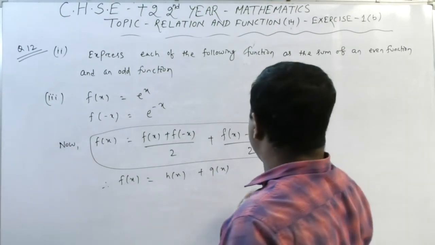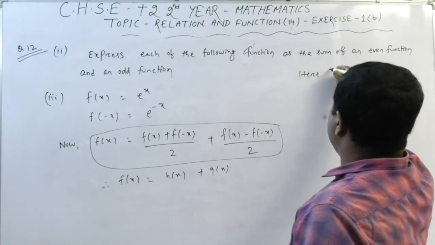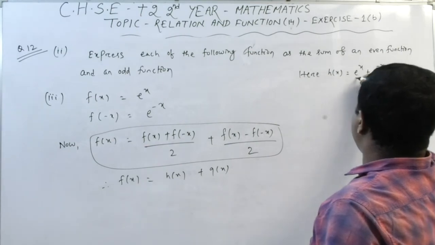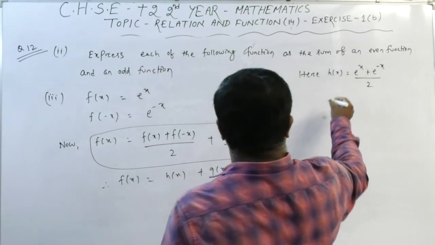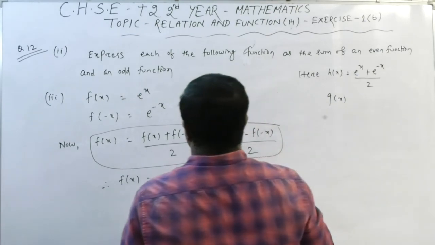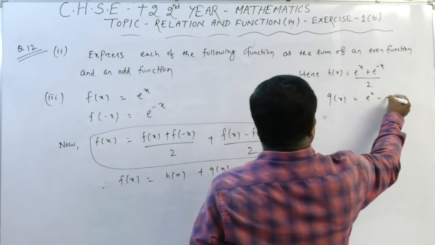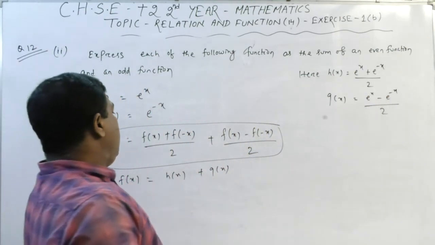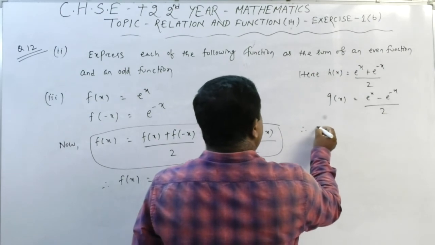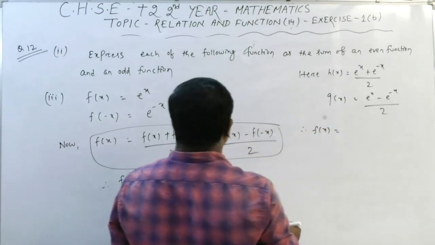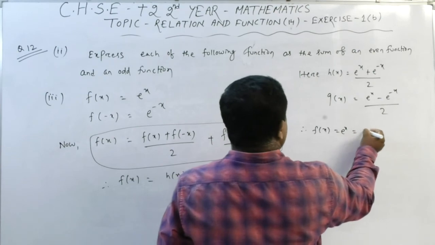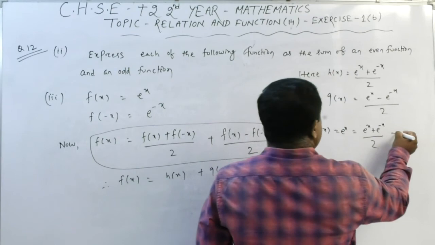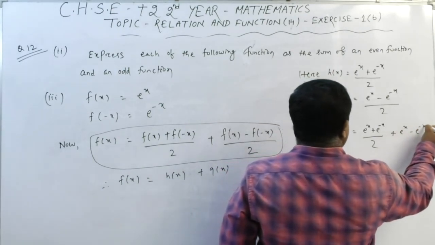So h of x is e to the power x plus e to the power minus x divided by 2. And what is g of x? It is e to the power x minus e to the power minus x divided by 2. Therefore, f of x, which is e to the power x, can be written as e to the power x plus e to the power minus x divided by 2, plus e to the power x minus e to the power minus x by 2.